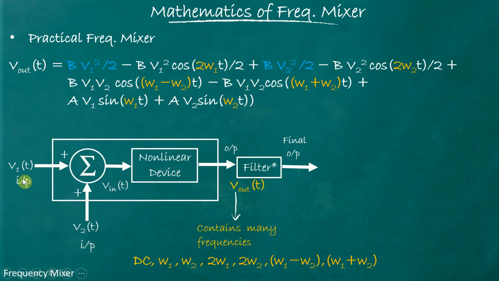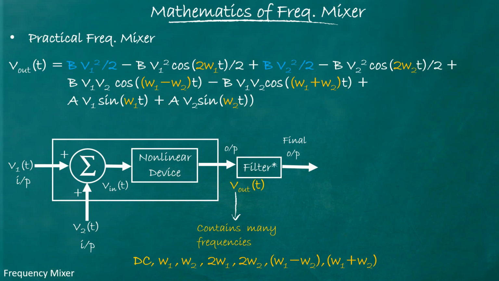Originally in the input we have given only 2 input frequency components. One is omega 1 corresponding to the v1 signal and omega 2 corresponding to the v2 input signal, right. So only 2 frequency components were in the input, omega 1 and omega 2, while in the output there are 6 frequency components.